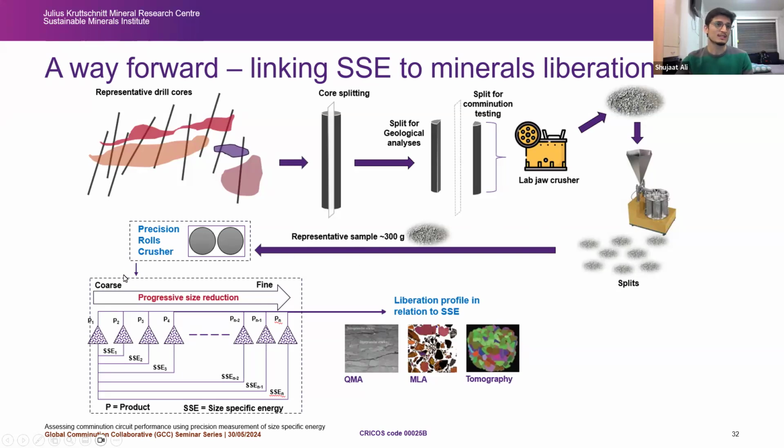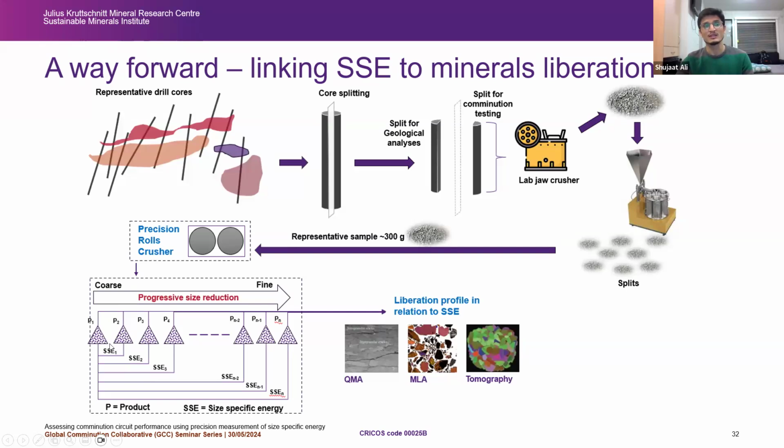And then, as I said, in the rolls crusher, in my study I started at around 8 millimeter or something like that, and then you can go all the way to the fine end. While you do that, you have your progressive products, and for each of those products, you also have specific energies related between each of them.